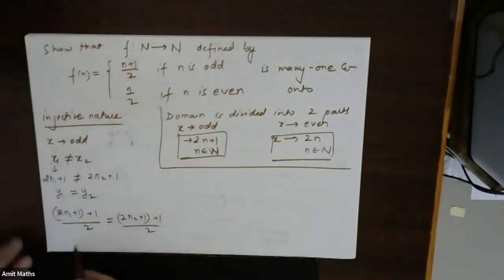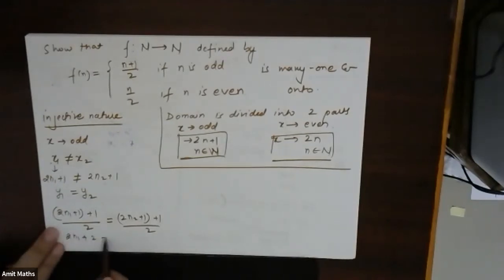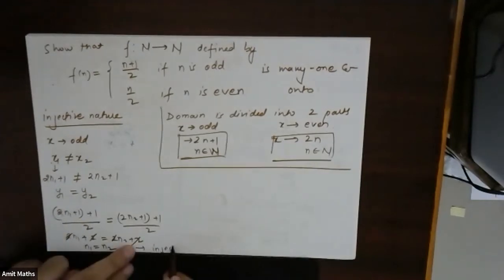This becomes 2n1 plus 2 equals 2n2 plus 2. The 2 and 2 get cancelled, so n1 equals n2. If I'm getting n1 equals n2, that means both numbers are the same, so it is injective in nature.